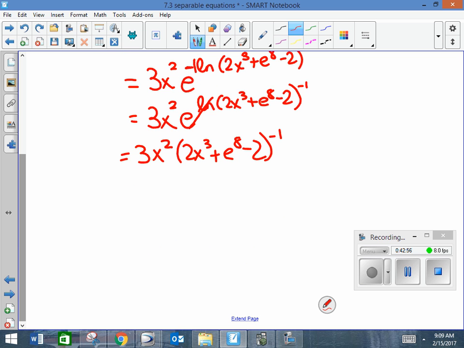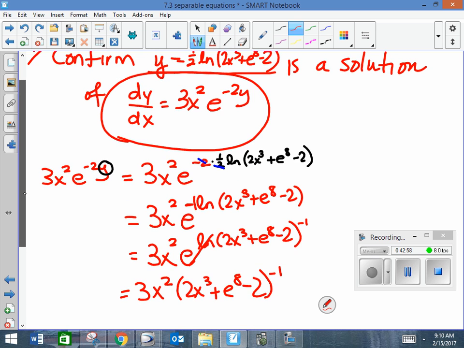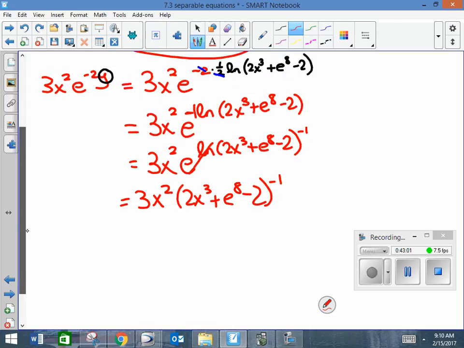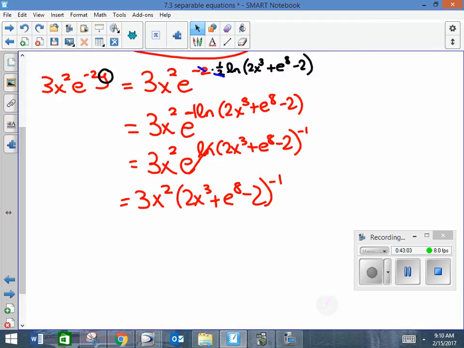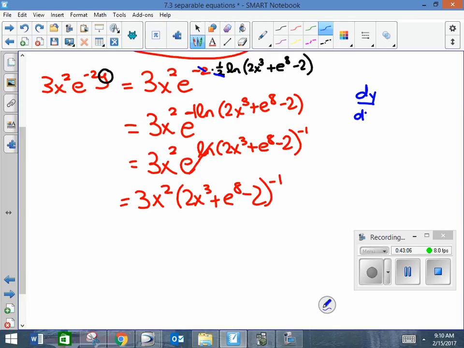All right, now, we're supposed to end up with dy dx. Well, I guess we need to find what dy dx is, right? So dy dx, y equals 1/2 ln of 2x cubed plus e to the 8th minus 2. Okay. What is that? How do we do that? I can take a derivative of that.